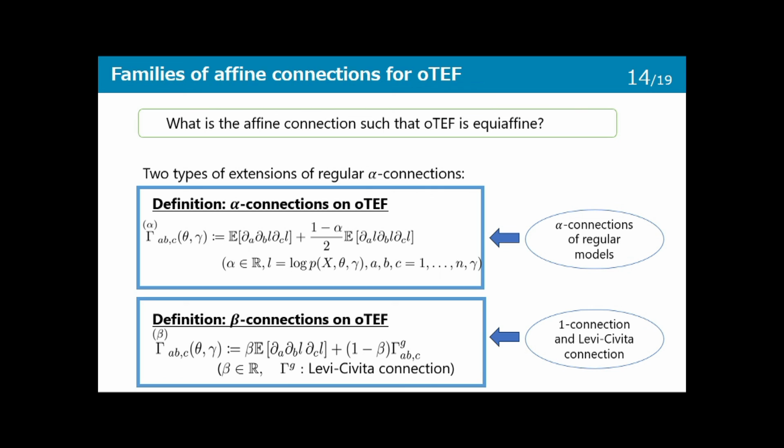But in this case, Levi-Civita connections already exist, but this log likelihood function cannot be differentiable by parameter gamma at x equal gamma.